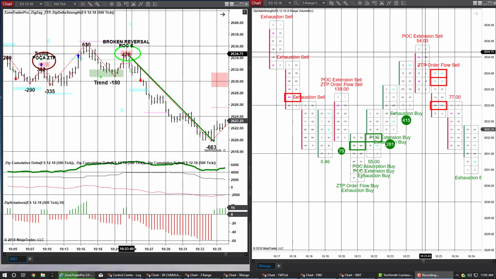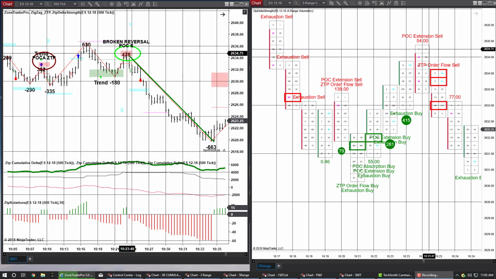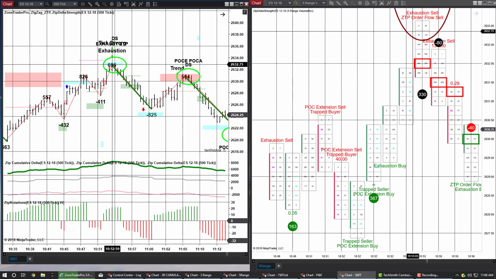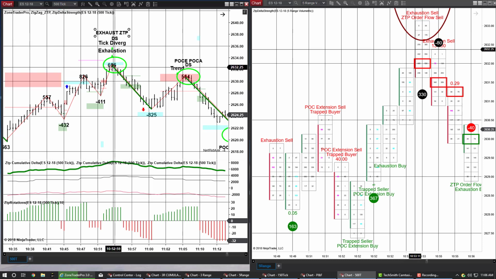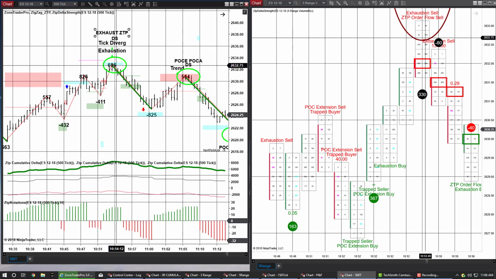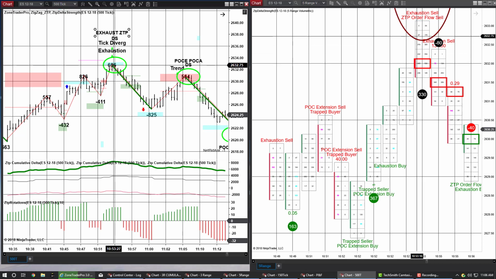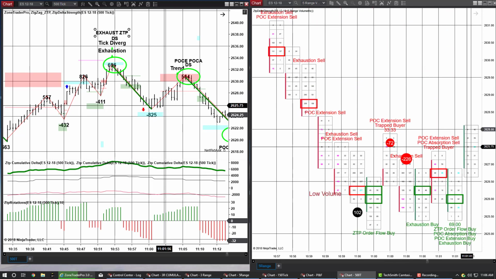So next we trade into the broken reversal where we have the POC extension sell and we see a 14-15 point trade out of that. The next trade, we have a tick divergence exhaustion trade where we have delta strength along with the exhaustion sell and ZTP order flow signal, and that trade was good for 6 or 7 points.